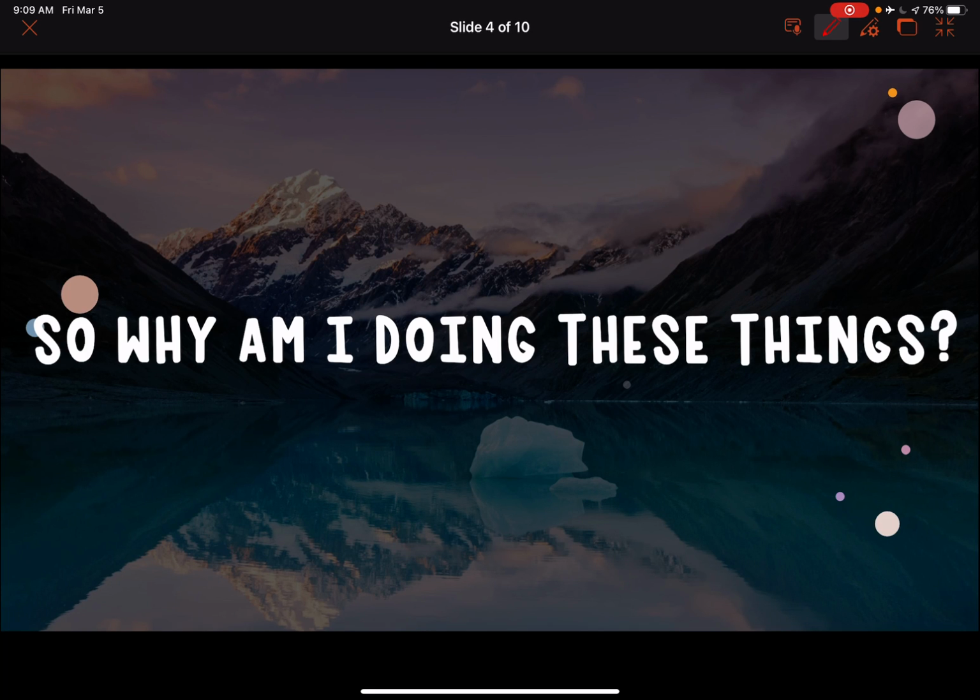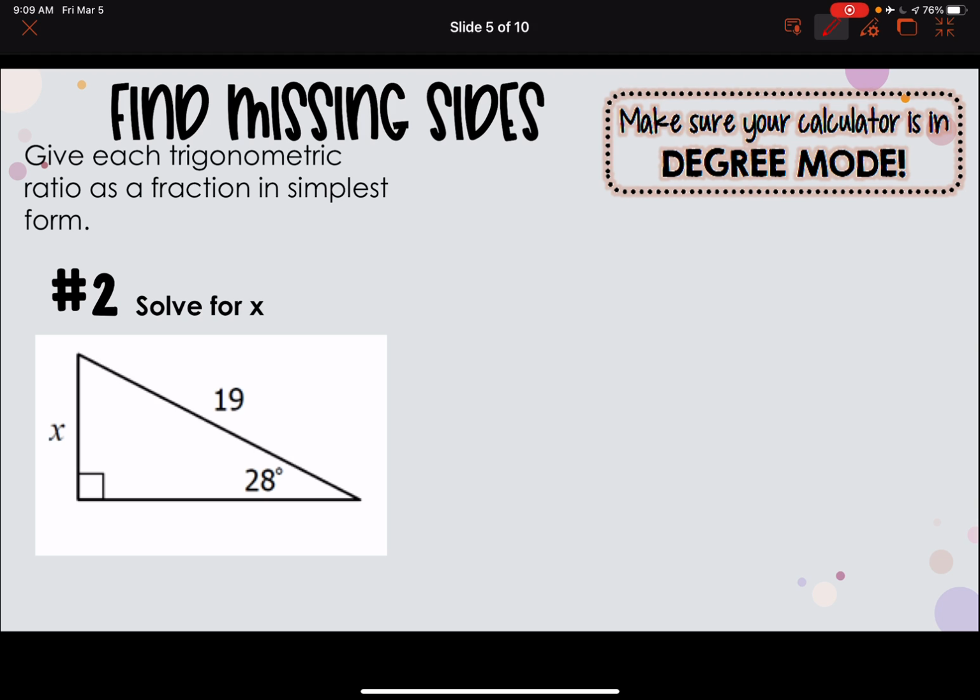All right, so why am I doing all these things? If you are only given, for example, one side or just the angle, then you can't use the Pythagorean theorem to figure these out. If you are not given a special right triangle, you can't figure out those side lengths. So what we would have to do is set up our trig ratio.